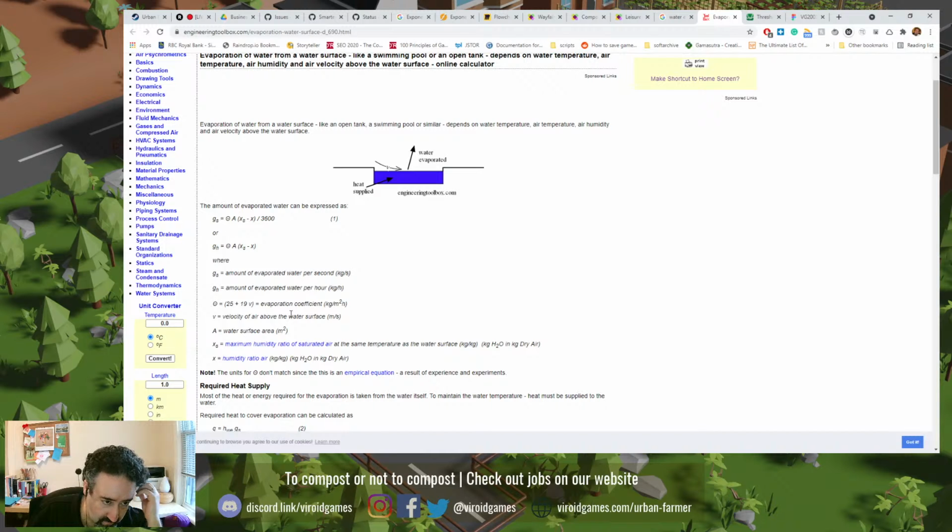Okay, the surface area. We will have humidity in the game.